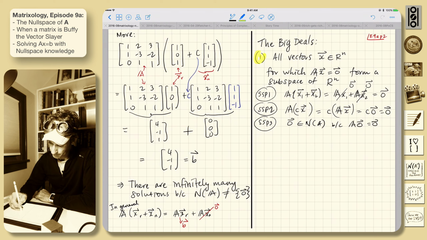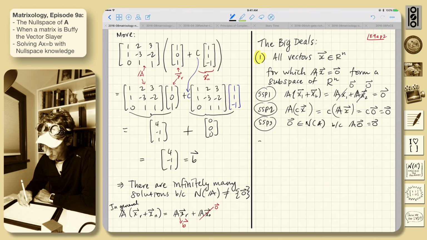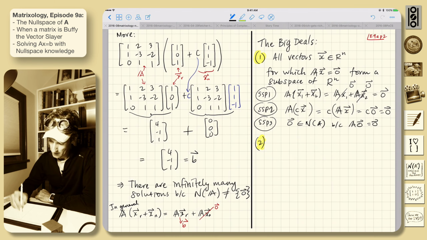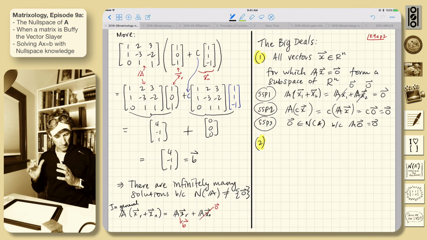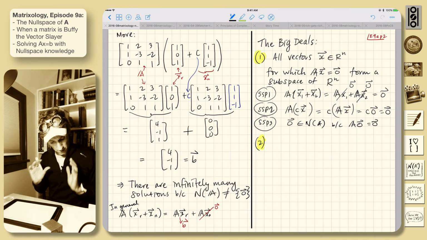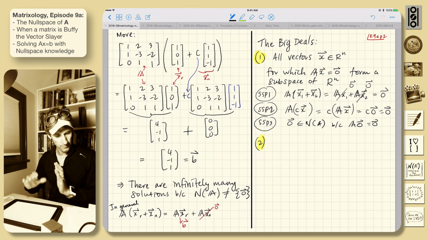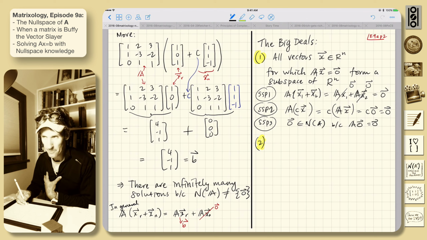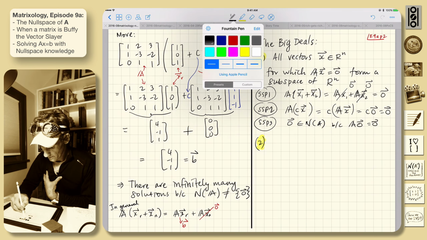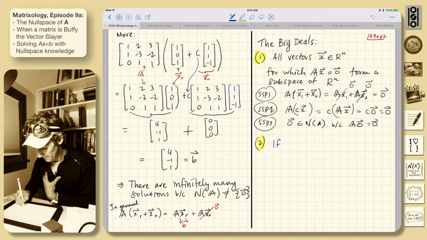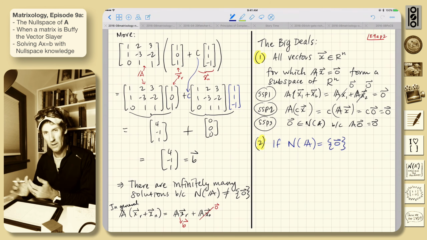And then the second one, I'll just call this thing 2. This is where we start to get some power, and this is all I want to say in this section. If the null space of A equals 0, there's nothing interesting in the null space.